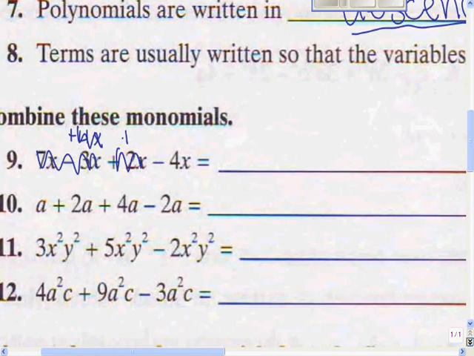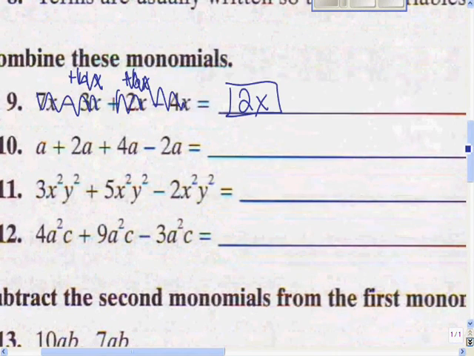So I'm going to cancel those out. A positive 6x. And here the signs are different, so I'm going to subtract. 6x minus 4x is 2x. And since my bigger term was positive, I know my answer is a positive 2x. Okay? That's an easier way of doing it. Hopefully you can already do it like this because you should already have the hang of it since we did so many problems in the other pages.